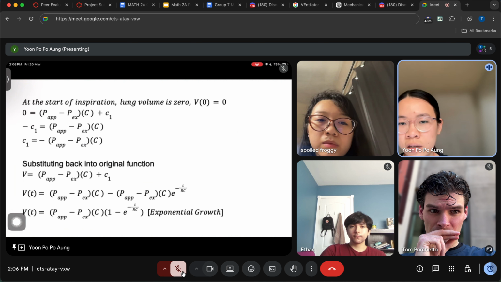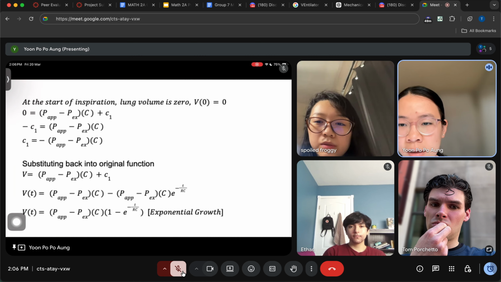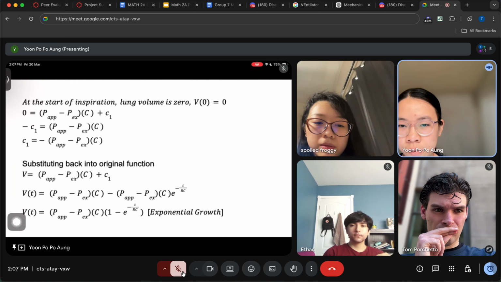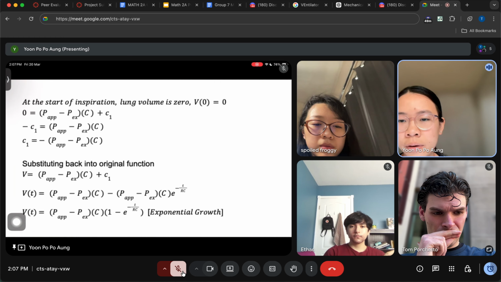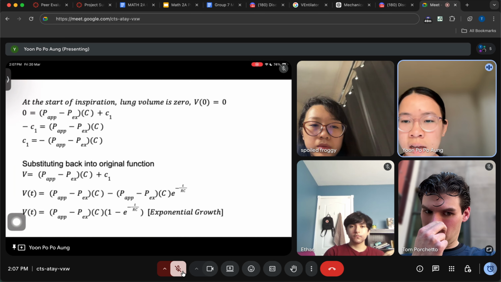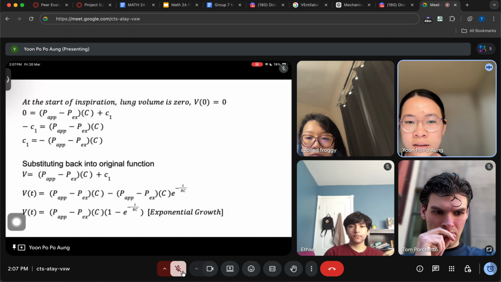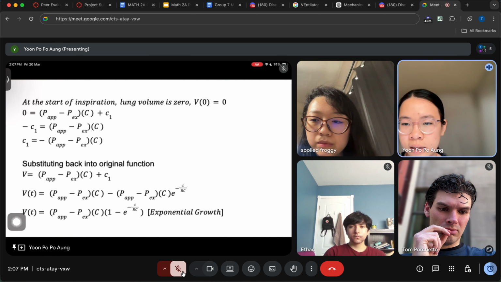Now that we have C1, we can substitute that back into our original function, and that's how we get V of t is equal to P_aw minus P_ex times C times 1 minus e to the power of negative t over RC, which is an exponential growth function. And which makes sense because as time increases, our volume is going to be increasing.